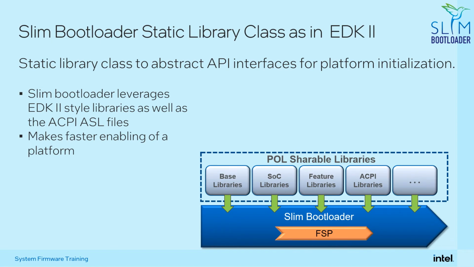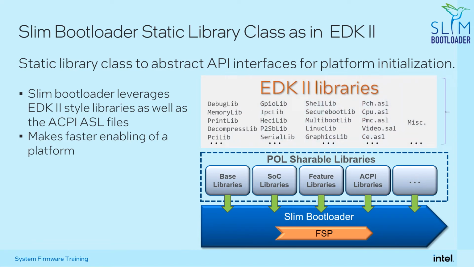As previously mentioned, Slim Boot utilizes static library classes to abstract the API interfaces for platform initialization. These libraries are written in C, so that they can easily be shared between different boot solutions. For example, many base library instances in the EDK2 MdePkg are directly leveraged by Slim Boot.